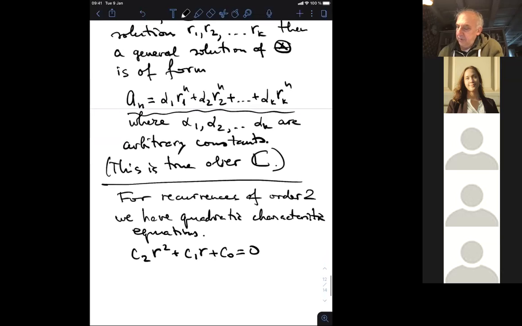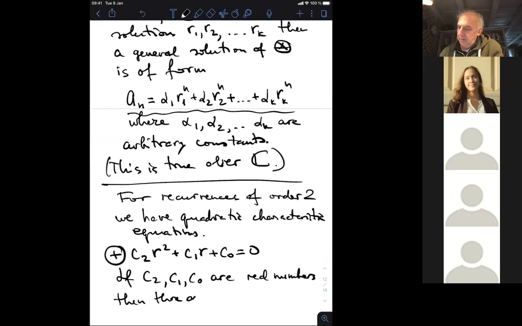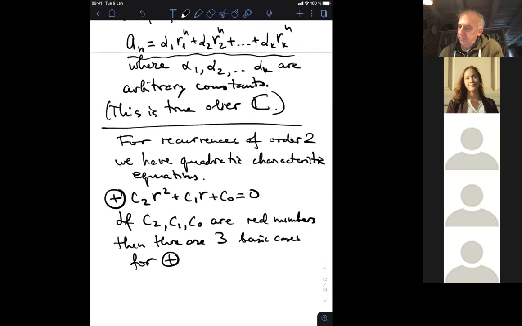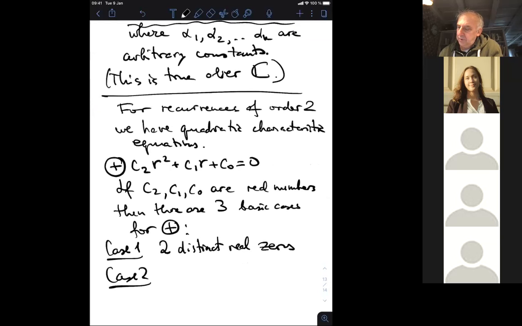And if C2, C1, C0 are real numbers, so let me call this maybe by plus, then there are 3 basic cases for plus, namely case 1, 2 distinct real zeros, case 2, 2 complex conjugate zeros, and finally case 3, a real double root.